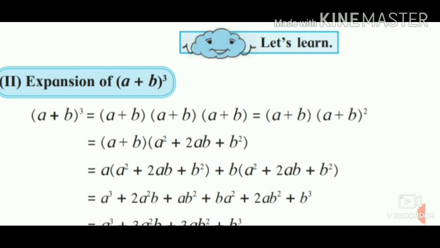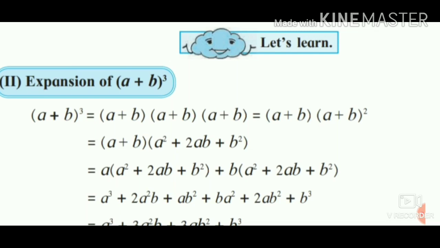a into a square will be a cube, plus a into 2ab will be 2a square b, plus a into b square will be ab square, plus we will move to the second part, that is b into (a square plus 2ab plus b square).